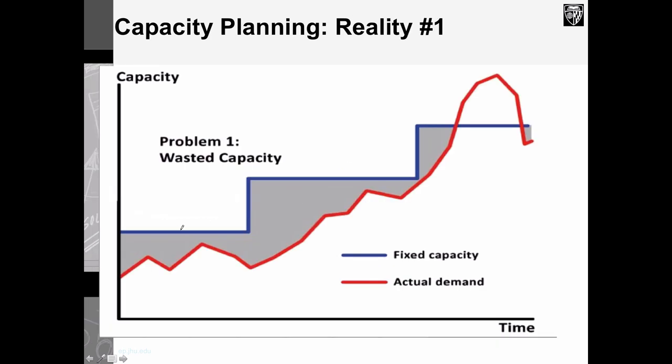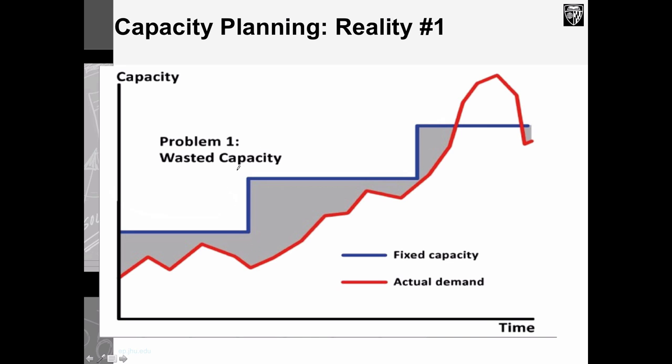What happens in reality is this. The blue line is the fixed capacity investment you're making, and the red line is the actual demand for your application. Over a period of time, as you can see, there's a gap between the actual demand and your server capacity. The gray shaded area is the times when you had excess capacity.